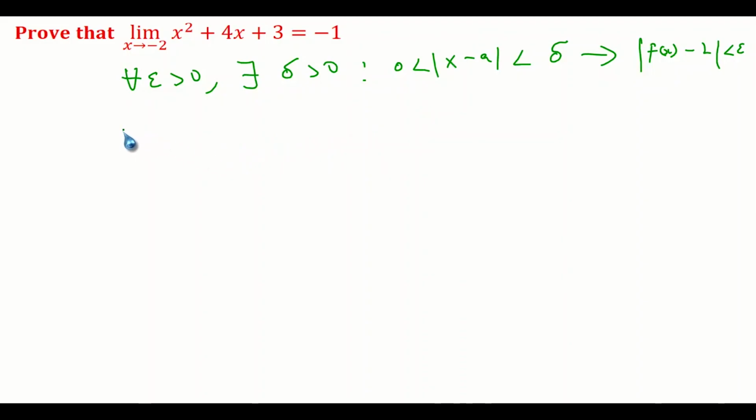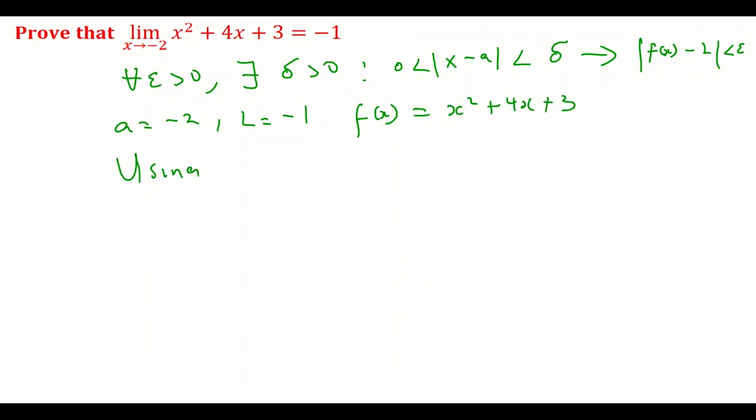So the parameters: A is equal to minus 2, L is equal to negative 1, and f of x is the quadratic function, which is equal to x squared plus 4x plus 3. So using this, the absolute value of f of x minus L is less than epsilon.